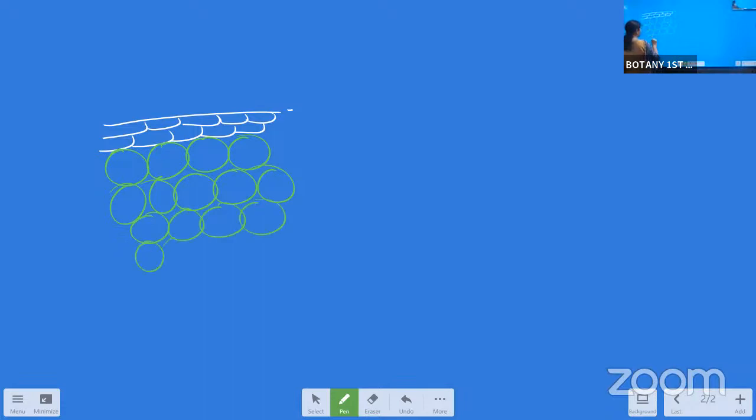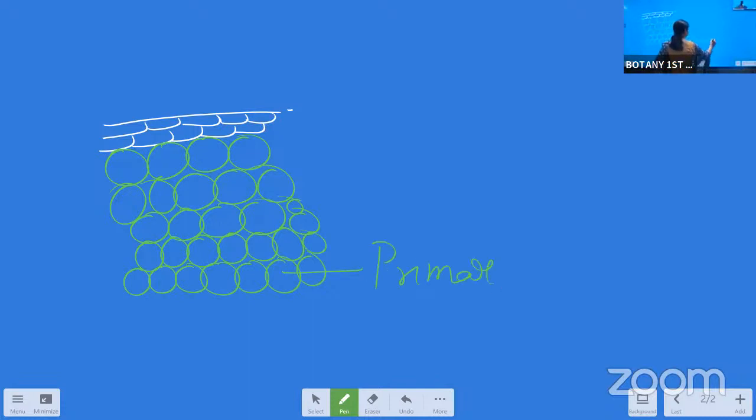And below that is the primary cortex, which is present initially, which was there already. So this is the primary cortex. And this is the secondary cortex. The primary cortex area is very small, only one layer of primary cortex.